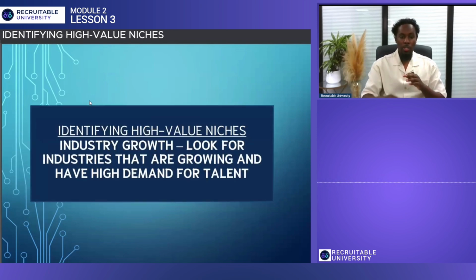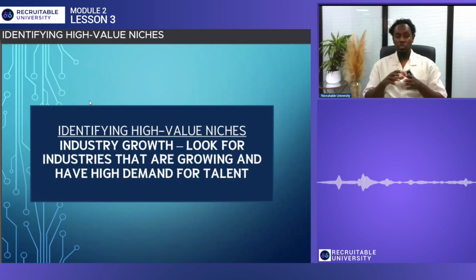The best way to look at a high value niche is to look at the industry growth. Look for the industries that are growing and have the highest demand for talent. Don't look at dying industries. A dying industry, for example, I would say is oil and gas. Oil and gas is not as in high demand as it was before.